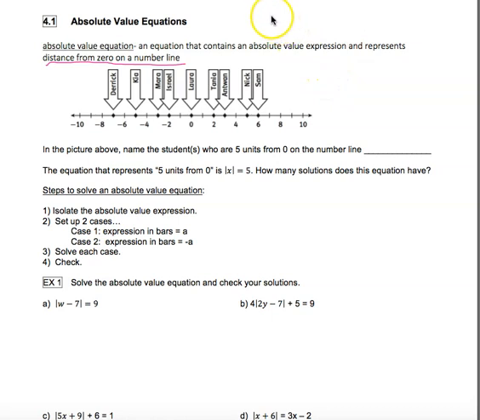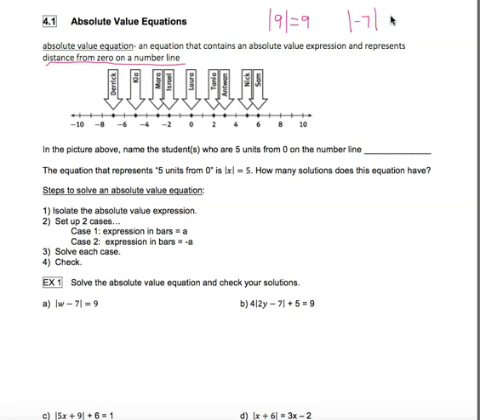And so they would say, okay, the absolute value of 9 means how far is 9 from 0 on the number line. And so you would say, well, it's 9 units. And so the absolute value of 9 is 9. But you also have, let's say, the absolute value of -7.